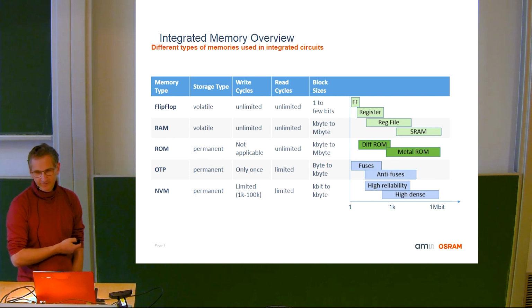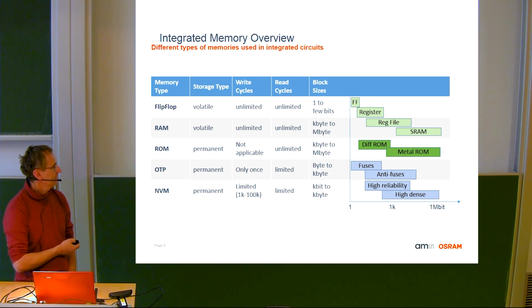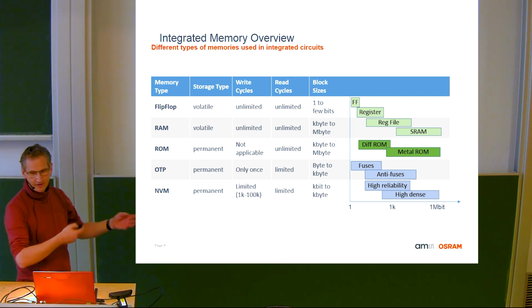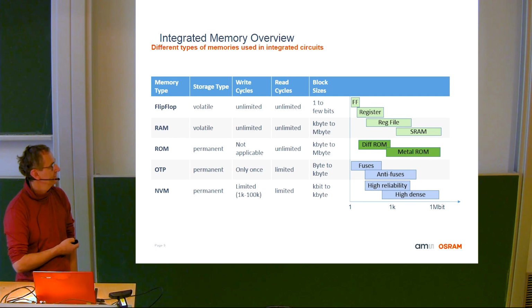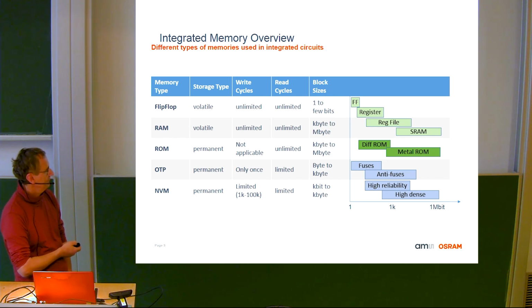And then of course you can still use some techniques to increase area and capacitance to hold more electrons inside. On the other side, you also want to build huge gigabyte memories, so you cannot do this with large areas. So you also have to find process tweaks to keep the high density. And what you see here is in the range from a few kilobits or a few hundred bytes up to megabits.